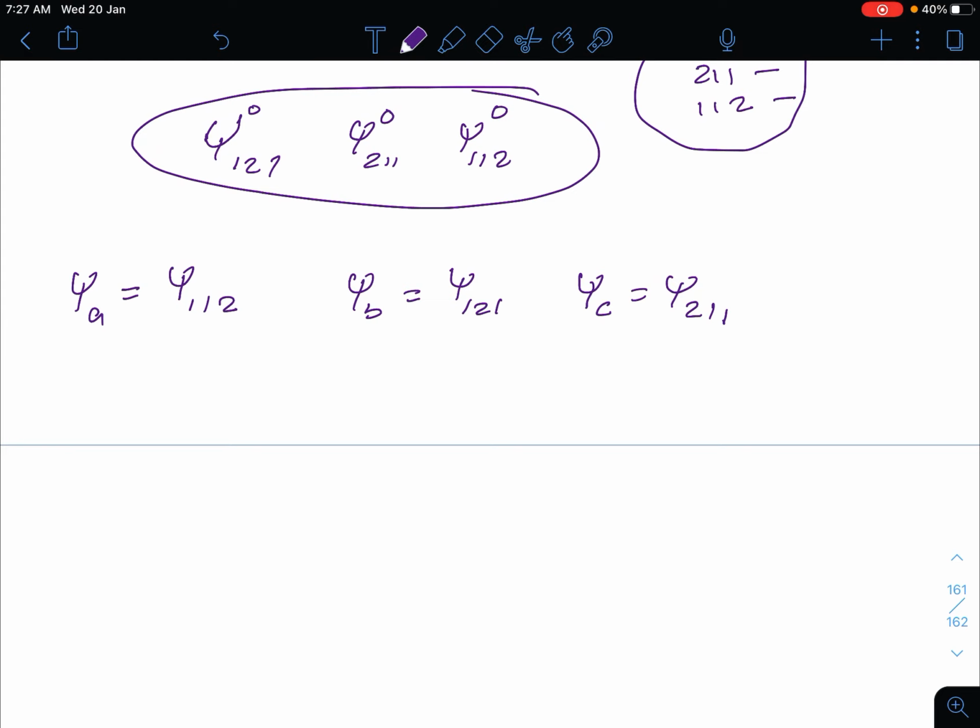All these have the same energy, E10, which is 3 pi h cross square by m a square. The 2 and 2 get cancelled, so 6 here, so that will be this. Clear?